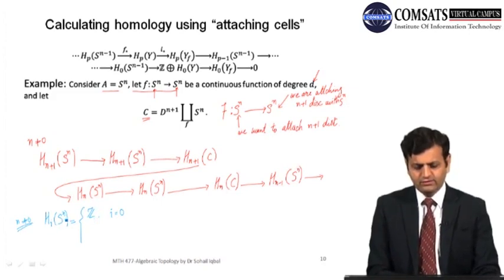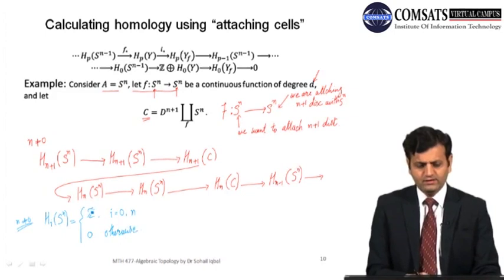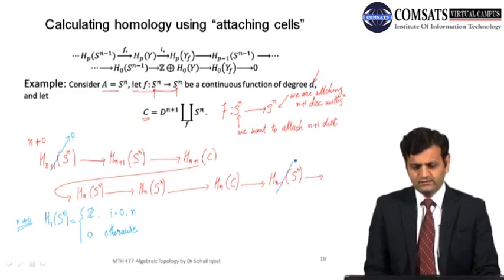So for n not equal to 0, the homology of the sphere is equal to Z when i is 0, because it is path connected, and equal to Z again when i is equal to n, and equal to 0 otherwise. Using these homology groups of the sphere, we see that this is going to be 0, and this is going to be 0, and this is also going to be 0.